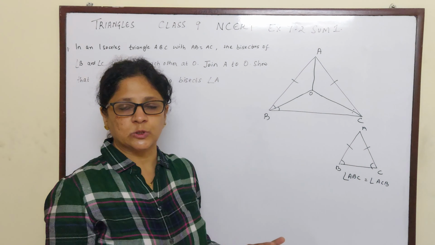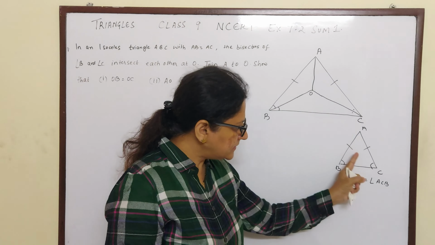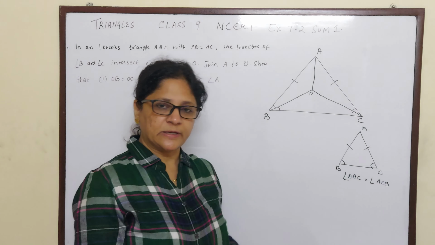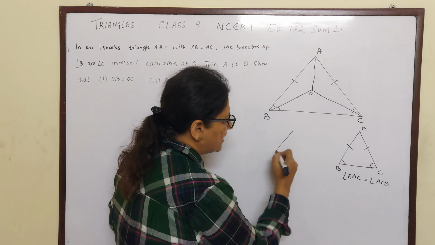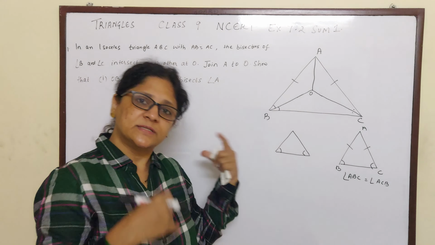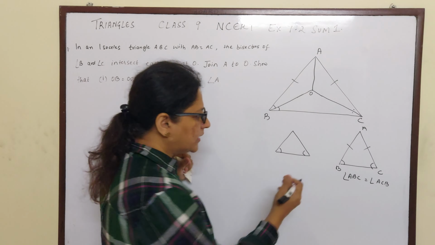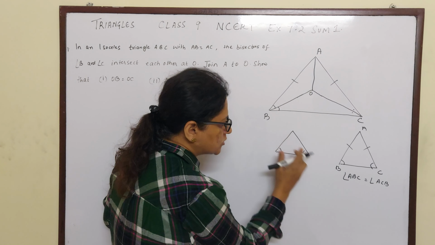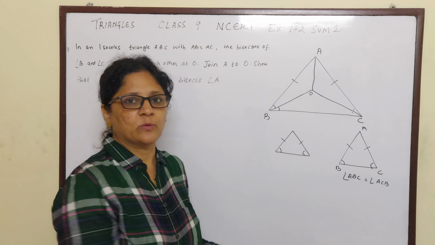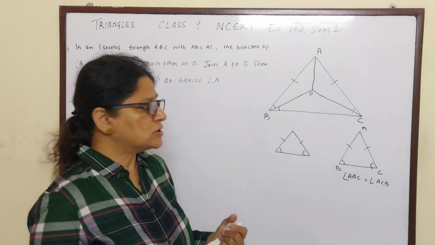This is always the rule in an isosceles triangle. If two sides are equal, then their opposite angles are also equal. Suppose it is given that two angles are equal, that means this is still an isosceles triangle, and the sides opposite to these angles become equal, and vice versa. So keeping this in mind, we are going to solve the sum.